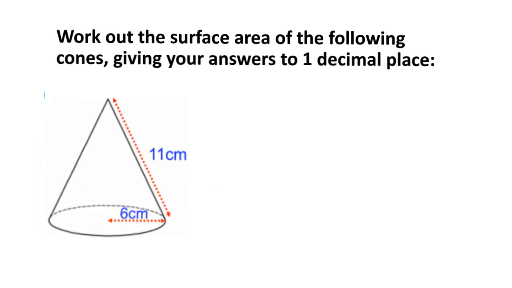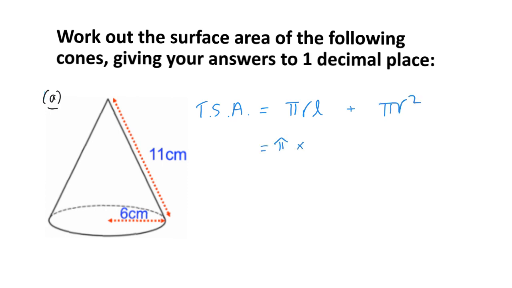So question 1 then, work out the surface area of the following cones, giving your answer to one decimal place. This is part A. Our radius is 6, our slant height is 11. The surface area means the total surface area, so that equals the curved surface area, pi RL, plus the base, which is pi r squared.